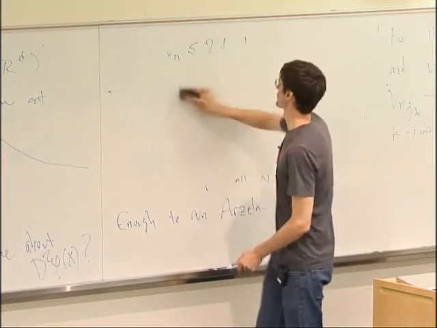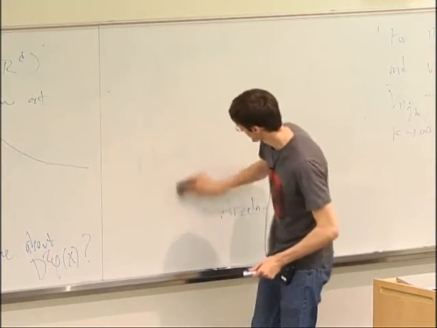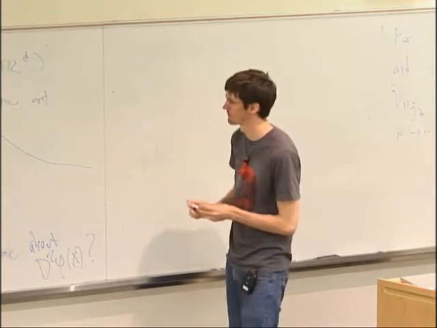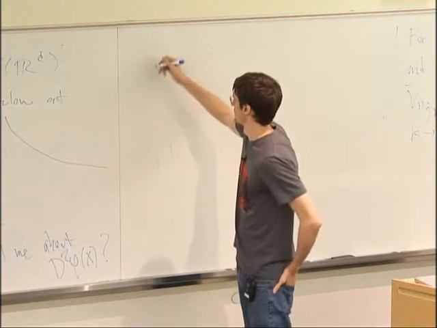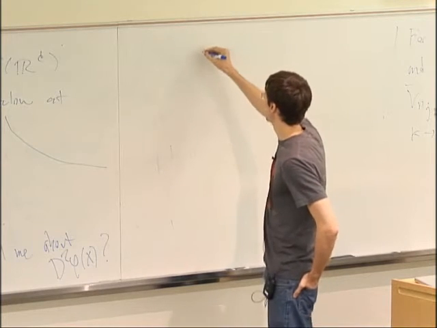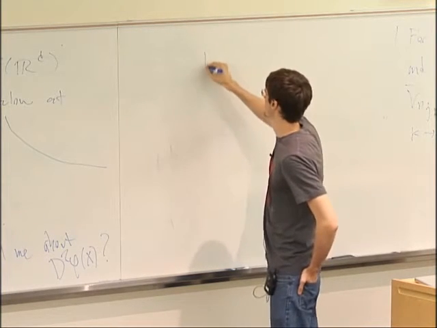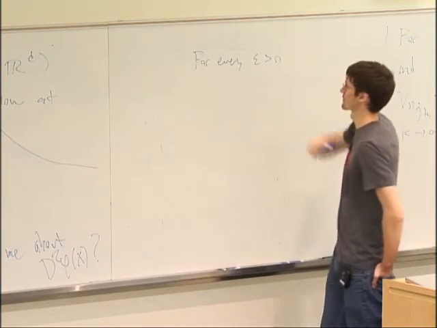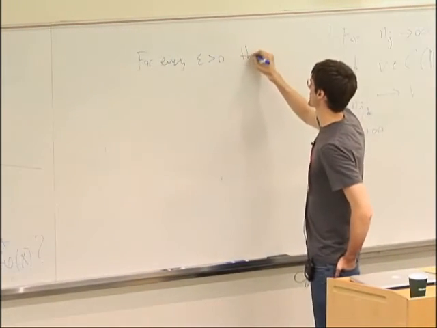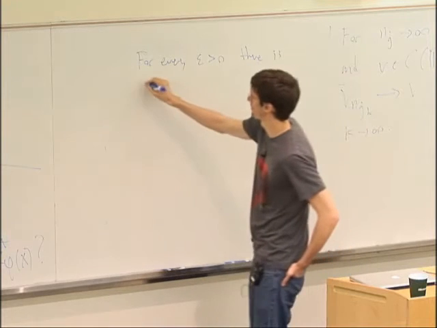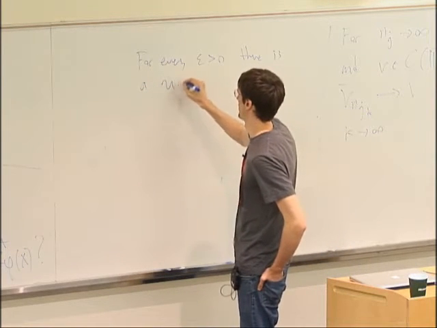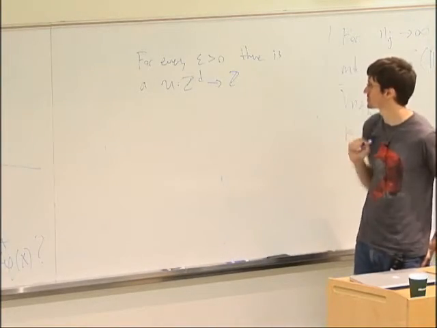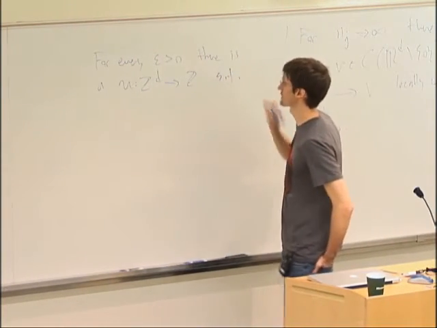So here's what we can show. For every epsilon greater than or equal to 0, there is a global function from Z^d to Z, a global integer valued function, such that two things are true.